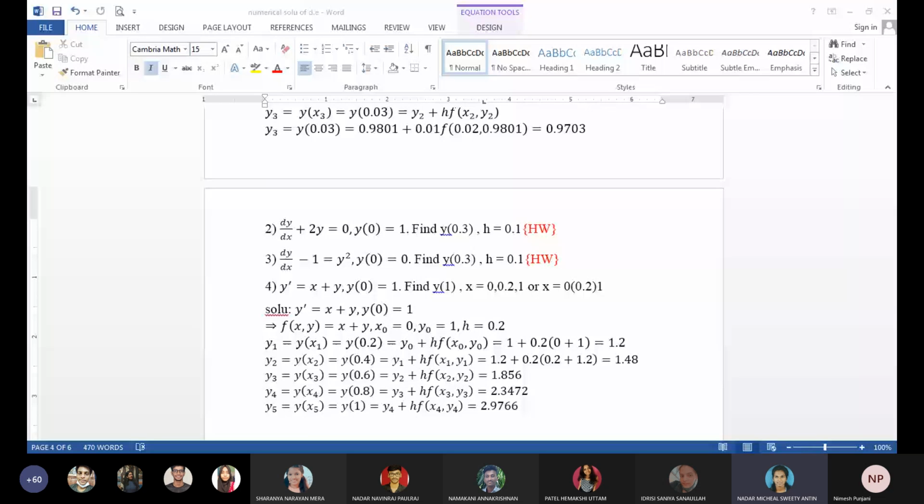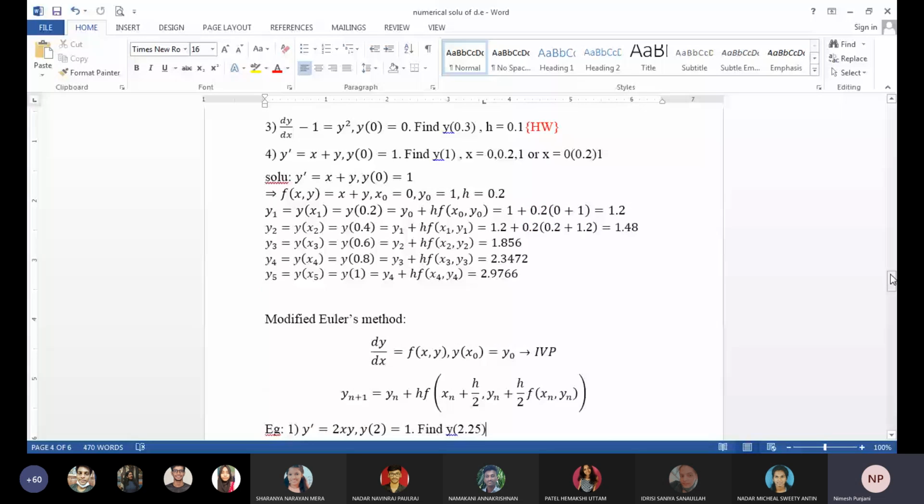Yes, sir. Same answer. Okay. So fine. Here the difference was the way in which your x is given. Okay, modified Euler's method, we have solved two examples.